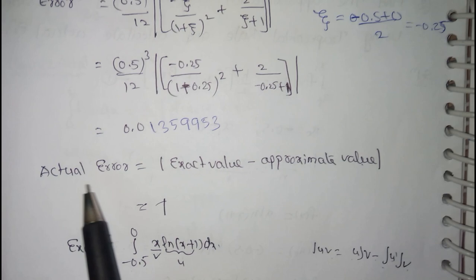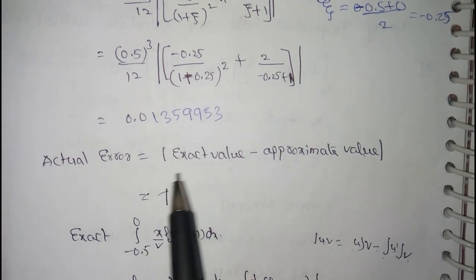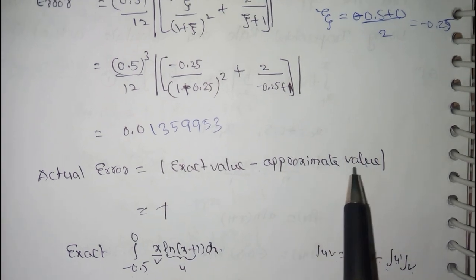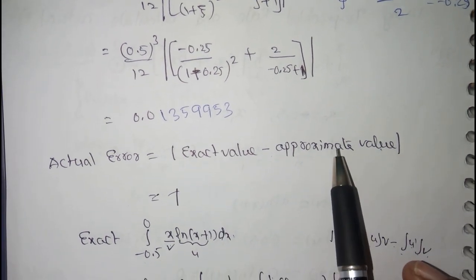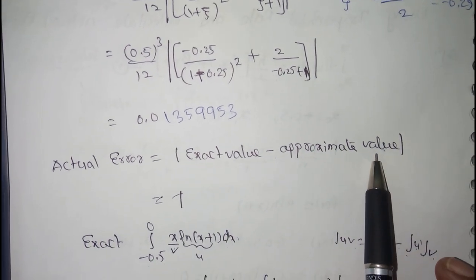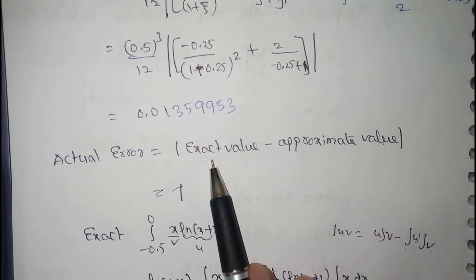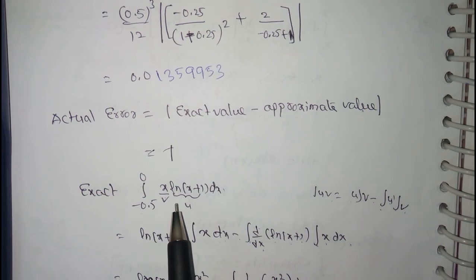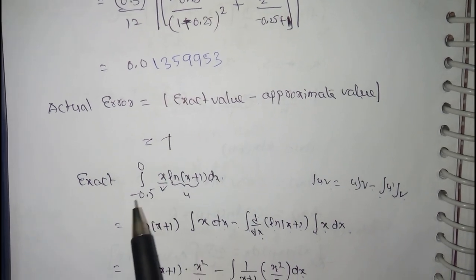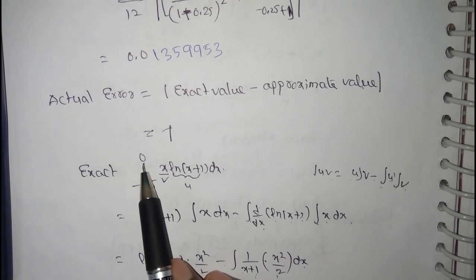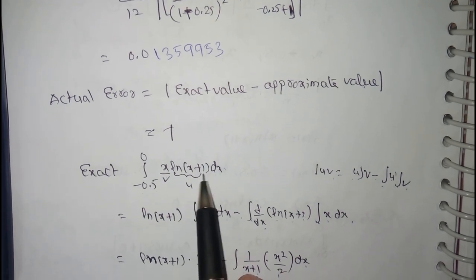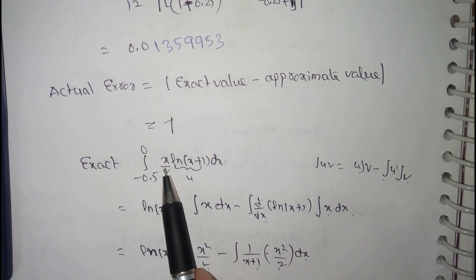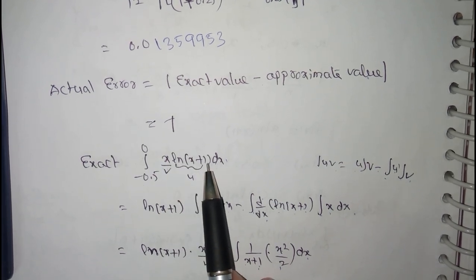Next, the actual error. The formula is the modulus of exact value minus approximate value. Already we know the approximate value. Next, to calculate the exact value: exact value means directly integrating the given function, the integral from -0.5 to 0 of x ln(x + 1) dx. Here we integrate using the uv method, where x is one function and ln(x + 1) is another.